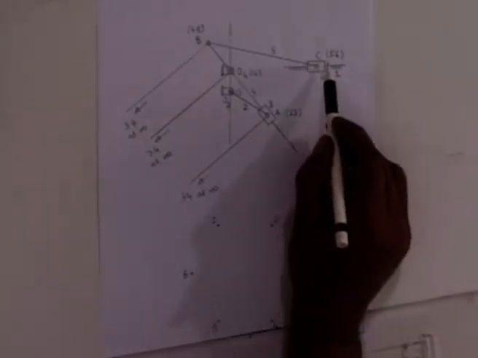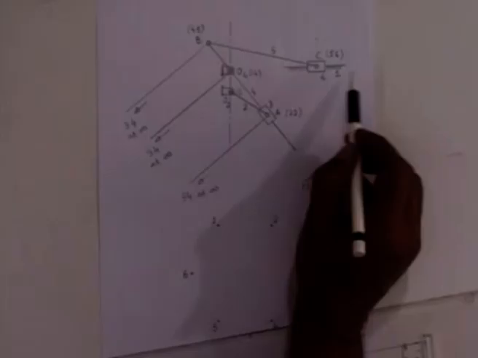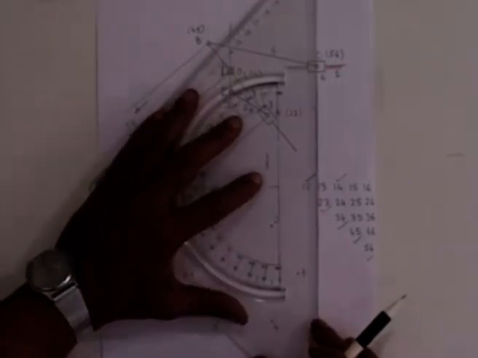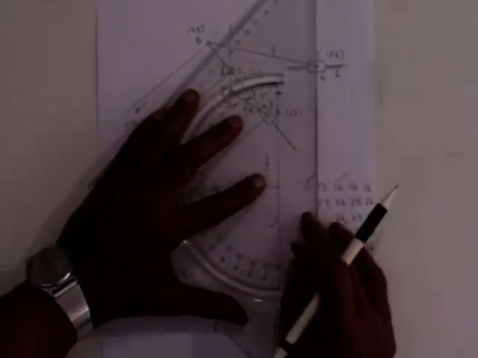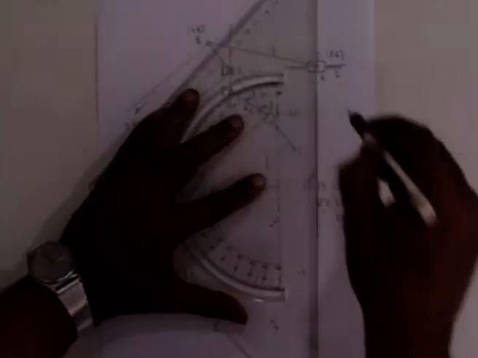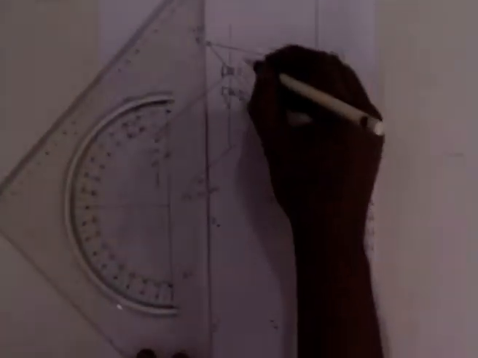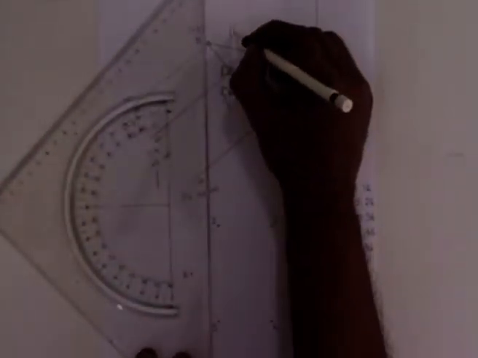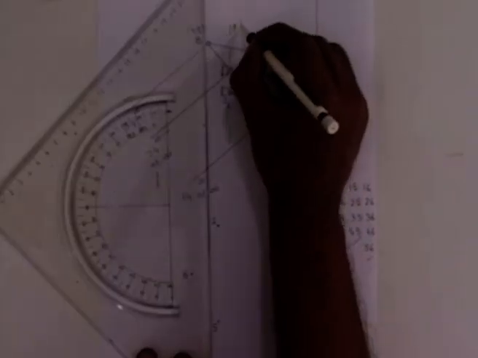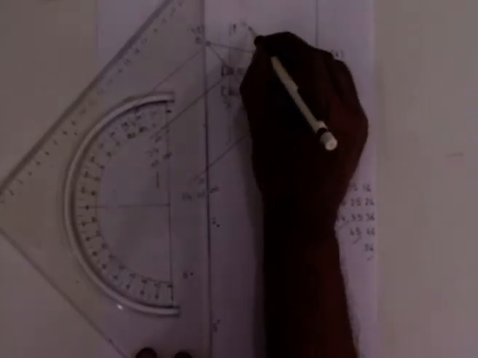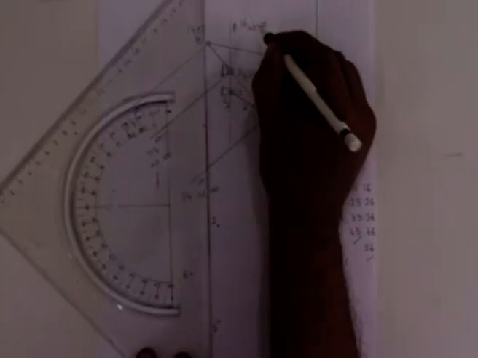6 is in perfect translation in the horizontal direction with respect to the fixed link 1. So, 1 6 lies at infinity in a direction perpendicular to the horizontal, that is vertical. So, if I draw a vertical line, all these vertical lines, I can write 1 6 at infinity along this vertical direction.